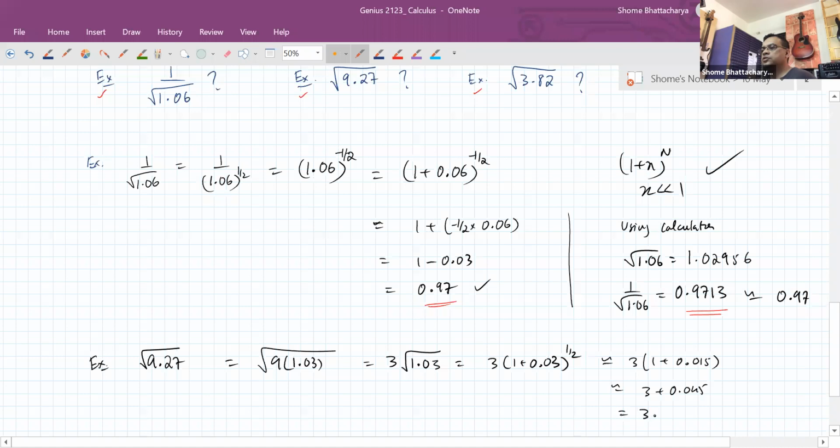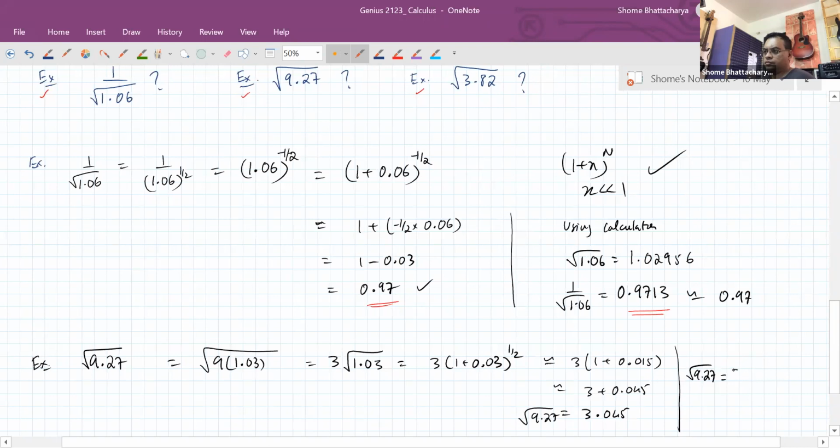So you can see that we can approximate this as this. Okay. And again, if I use the calculator, let's see what we get. See, it's going to be very accurate, what we have done. So rounded off up to second place of decimal, or rather third place of decimal, this is accurate.